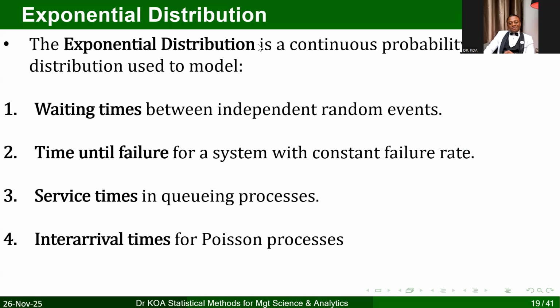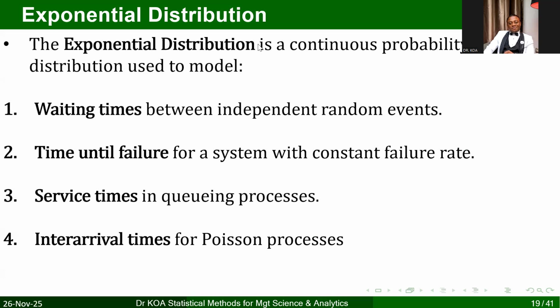The other follows a Poisson distribution. That's why I say service times in queuing processes. So it's used a lot in queuing models. And then the inter-arrival times for Poisson processes is also used there. Airlines use it a lot. Radio stations use it a lot.